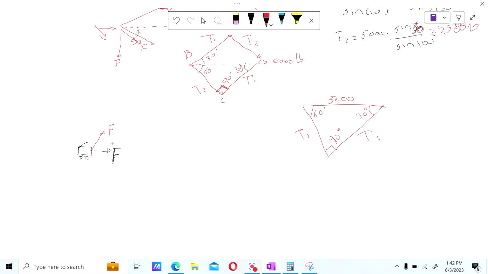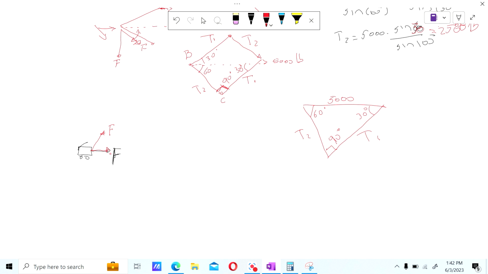You can still move it, but here 100% of the force is being transferred to pulling the wagon, versus here you're going to start lifting it, and that is going to be more energy that you need. So here is going to be the minimum.